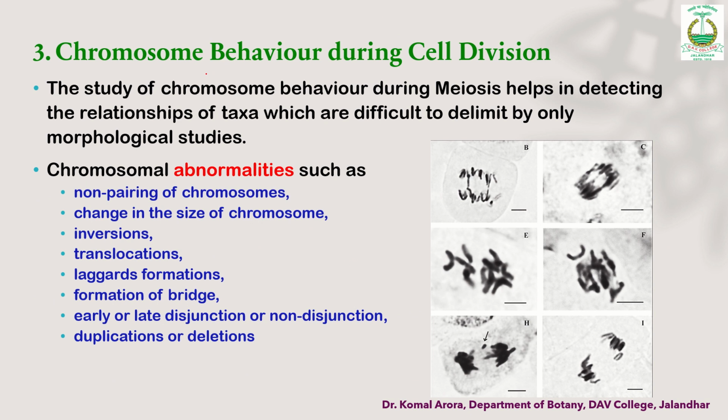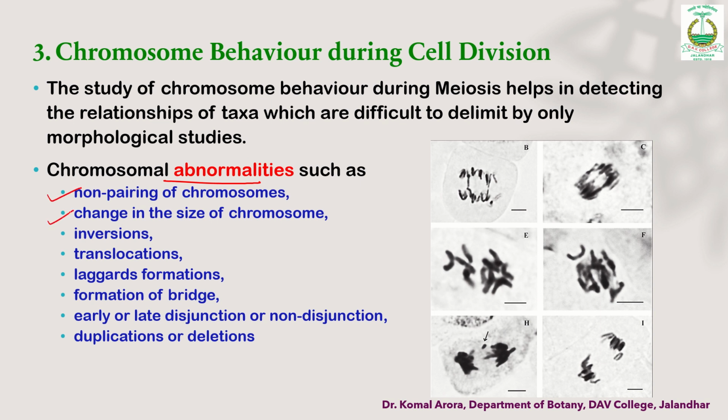Third is the chromosomal behavior during cell division, that is, during meiosis. When the chromosomes are going to separate, sometimes we observe some kind of abnormalities during that phenomenon. Those abnormalities, if they are found common to some particular taxon, can be used to keep them together. These may be non-pairing of the chromosomes.